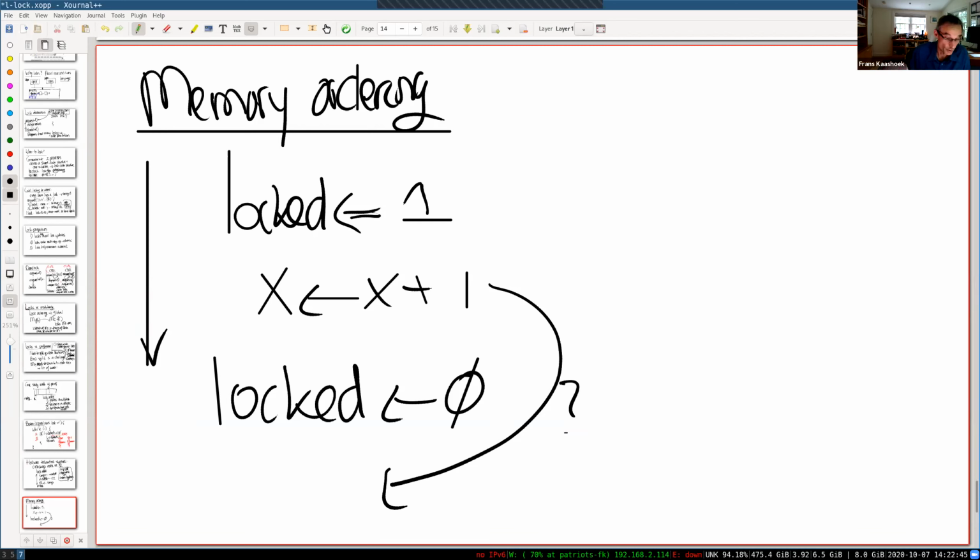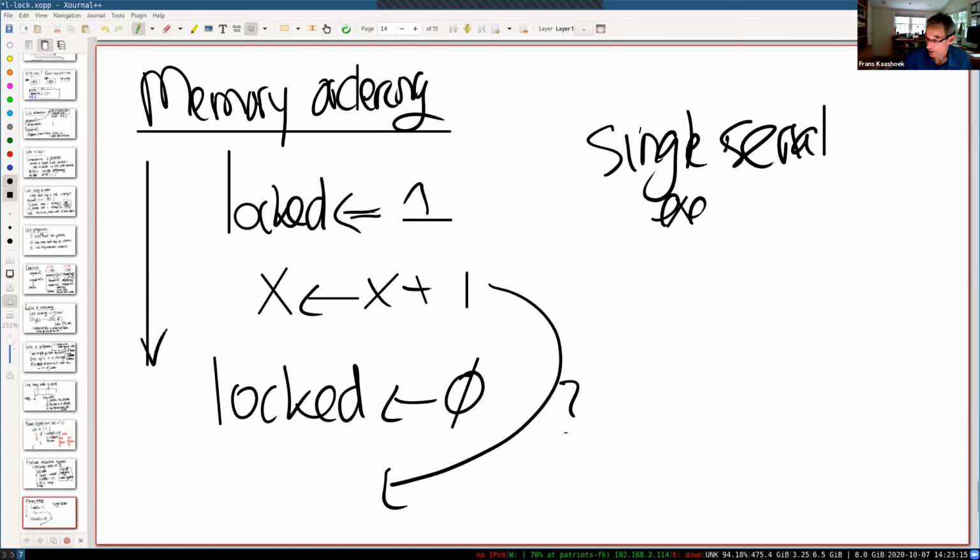Would that change the correctness of the single stream of execution? No, not really, right? Because locked and x are totally independent of each other. There's no relation to it. So it would be perfectly fine, if it were a sequential execution, that the x update is moved after the locked set to 0. On a single serial execution, that's okay.